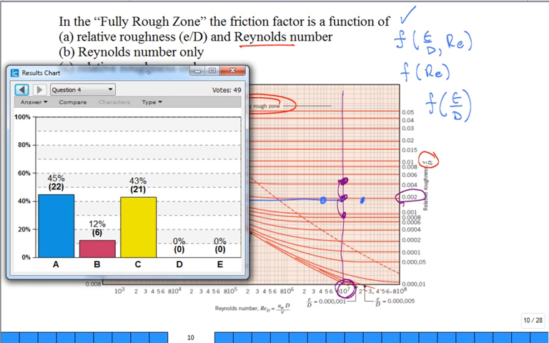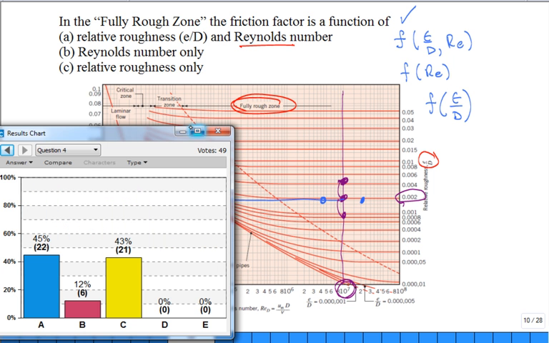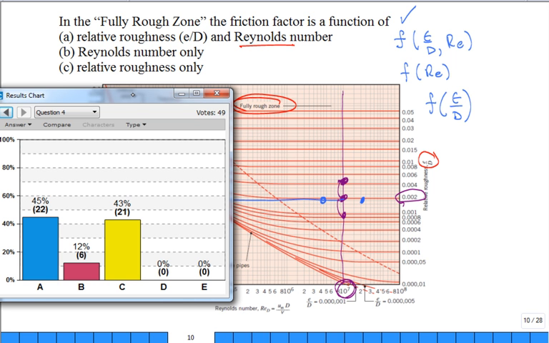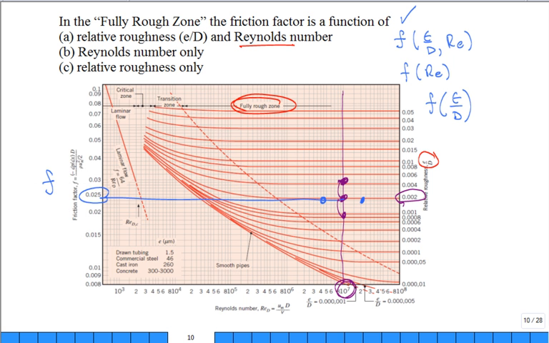In that complete turbulence, in that fully rough zone, the friction factor no longer is a function of the Reynolds number. It is not a function of the Reynolds number anymore. It's a function only of the relative roughness. Let's talk a little bit about the zone right in here. That zone, it's turbulent. The friction factor is a function of both of them.